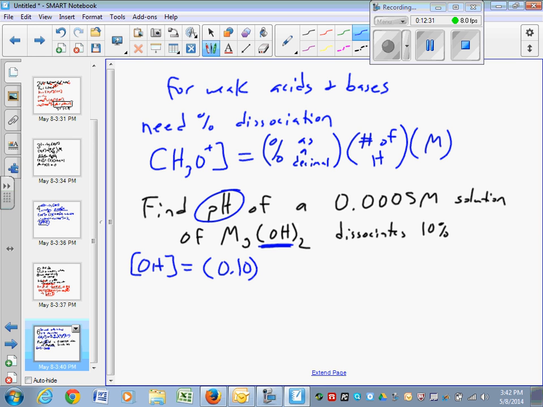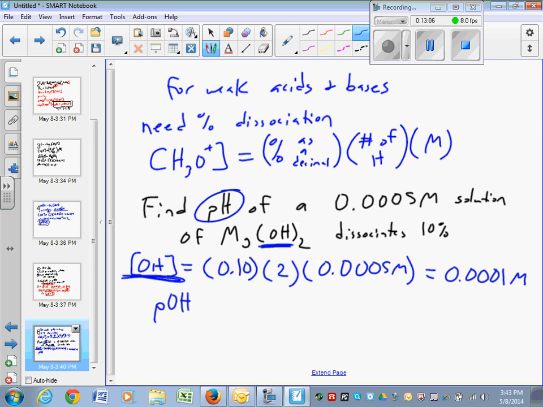So the concentration of hydroxide is equal to 0.10, that's my 10% dissociation as a decimal, times 2 hydroxides from my formula for magnesium hydroxide, times the concentration 0.0005 molar. And when I do that, I get 0.0001 molar as a concentration of hydroxide ions.